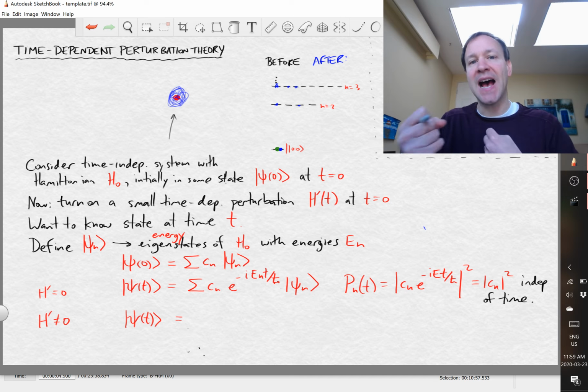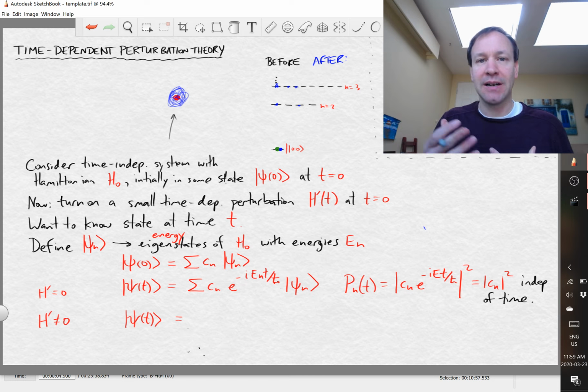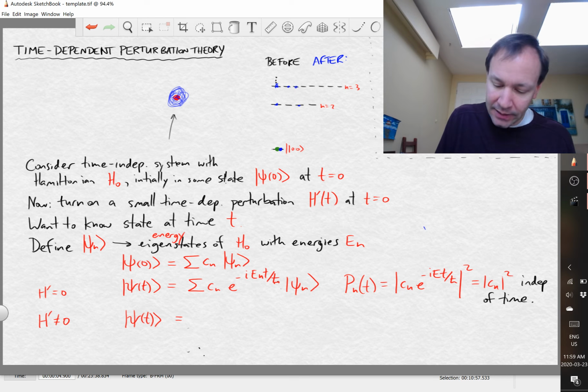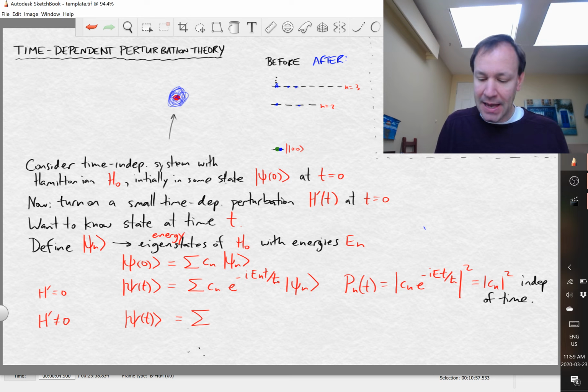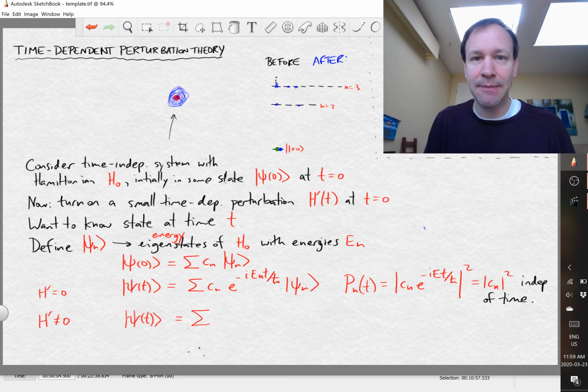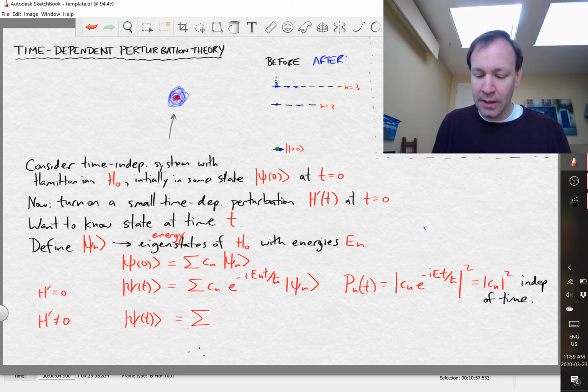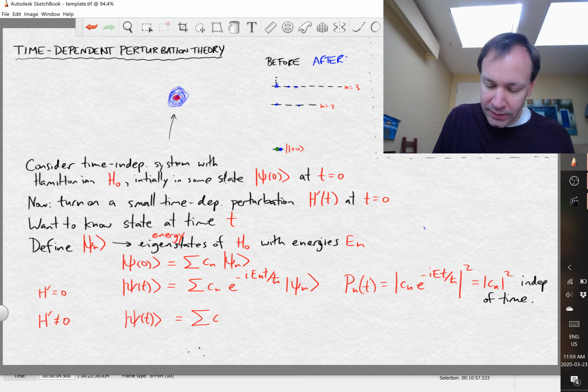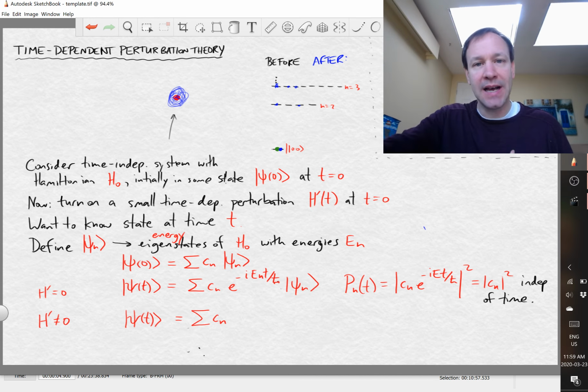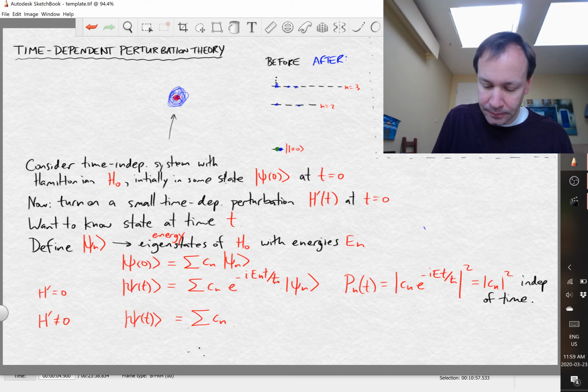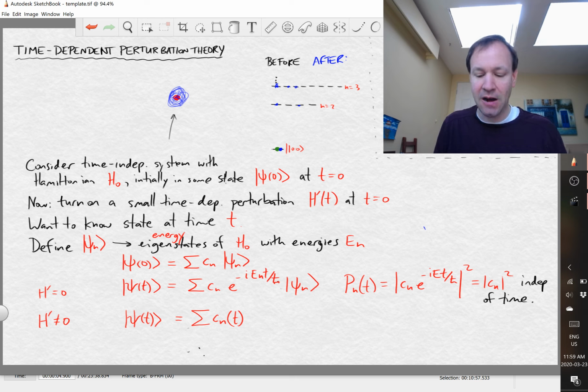So even if we add a different term to our Hamiltonian, we can still work in that basis. And so I can write psi of t as some linear combination of the psi n's. And I'm going to do that in a particular way. So what I'll do is use almost exactly the expression from before, except now I will allow these Cn's to depend on time.